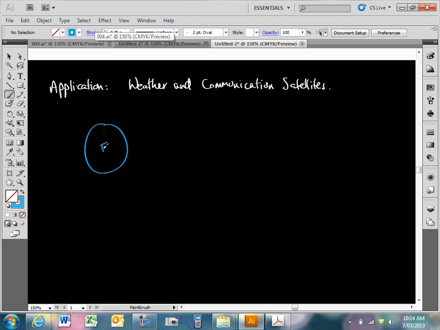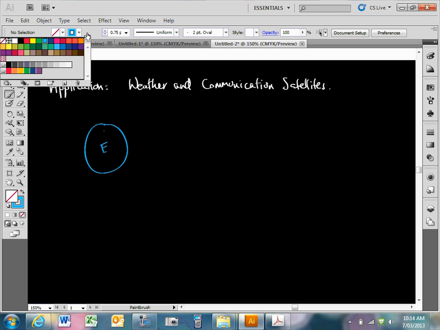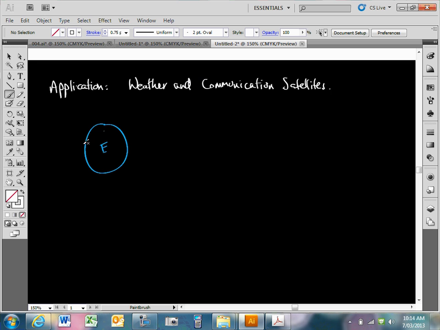This is Earth, of course, and we know that there's satellites orbiting the Earth. They can orbit in different directions. Okay, these are possible orbits.